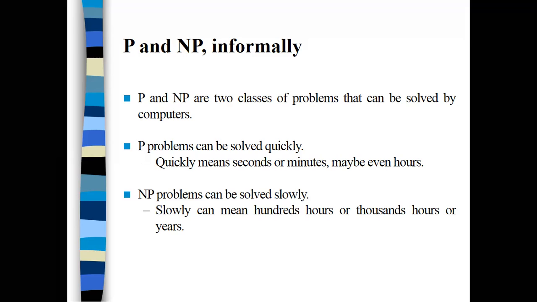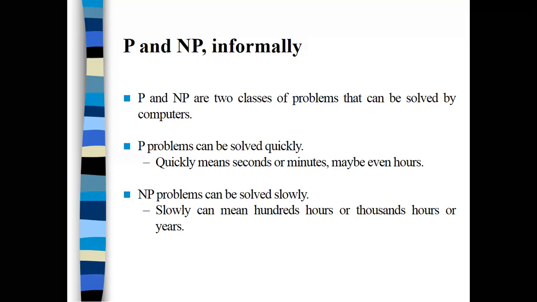So here we have the concept of P and NP, informally. P and NP are two classes of problems that can be solved by computers. P problems can be solved quickly, very easy problems like 2 plus 2 is 4, 100 plus 100 is 200.